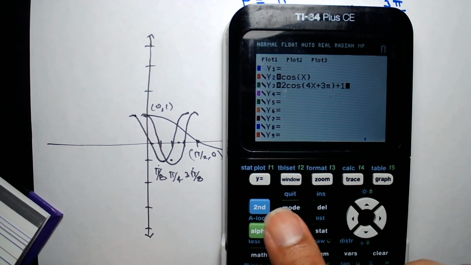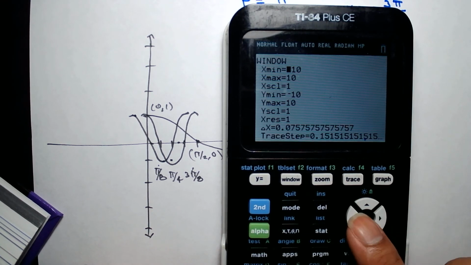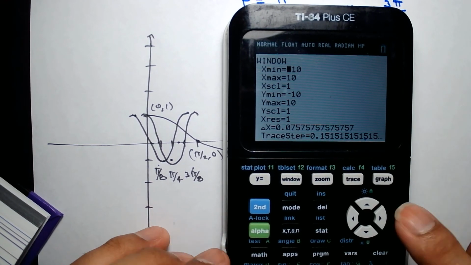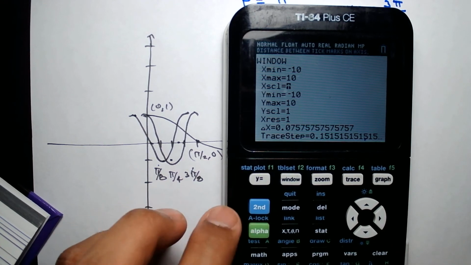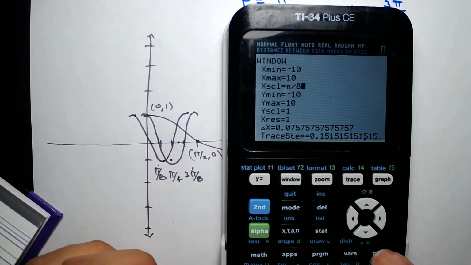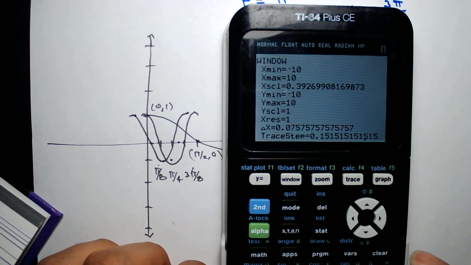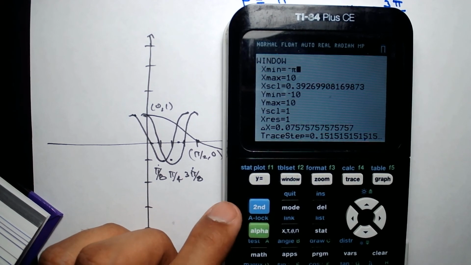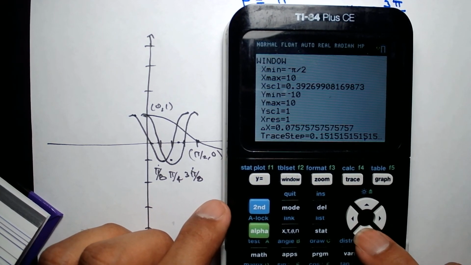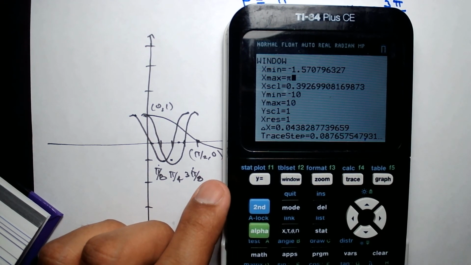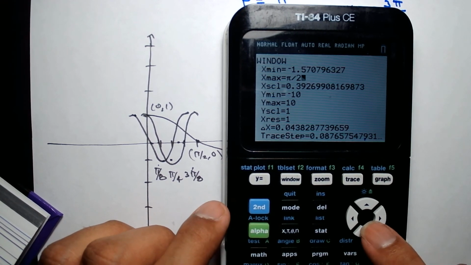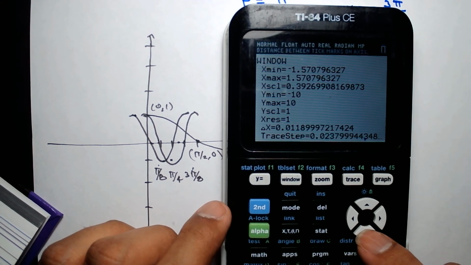Do not go to graph yet. Let me go to window. Okay, so for x, I would like to scale each line by pi over 8, and have x-min go from negative pi over 2 to pi over 2. That's what I'm going to do.